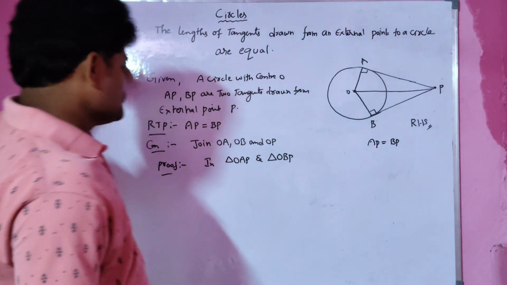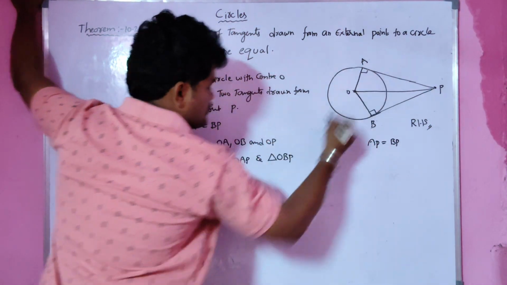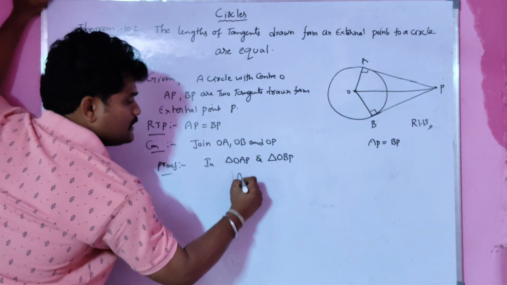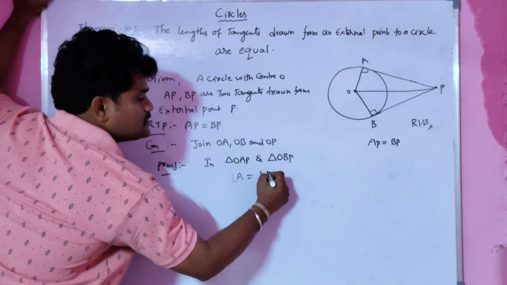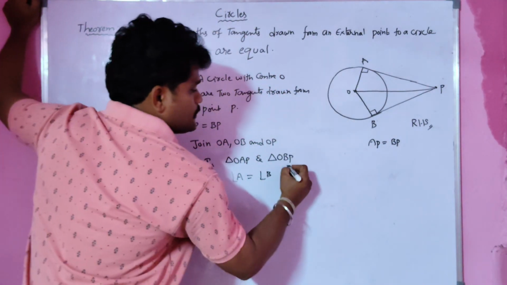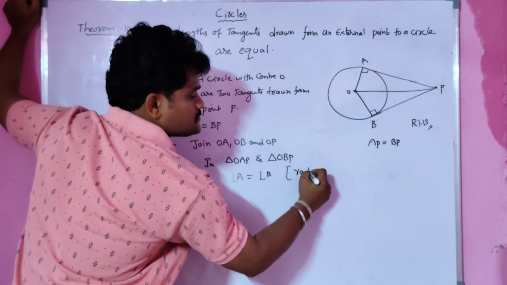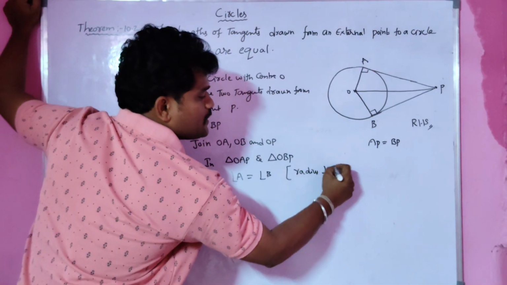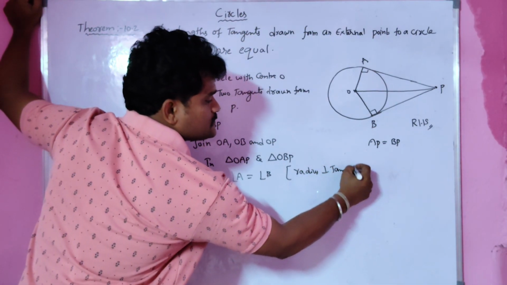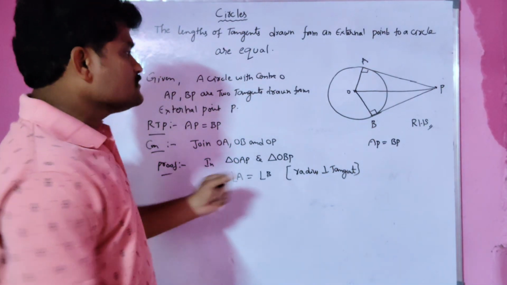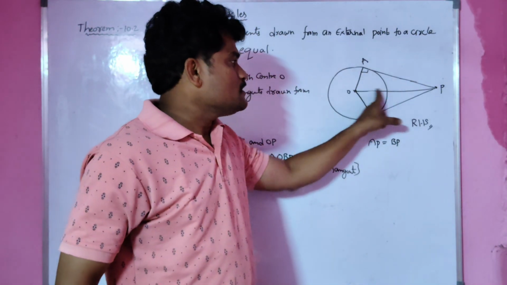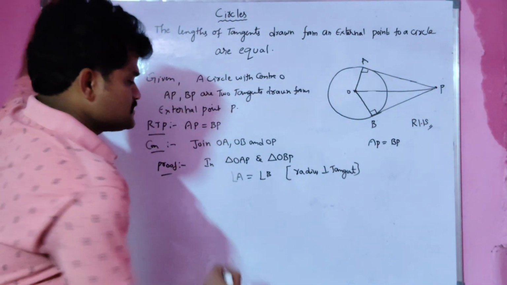So let me write that. First, in this triangle angle A is equal to angle B in this triangle, because the radius is perpendicular to the tangent. Second, OP is equal to OP, common side.